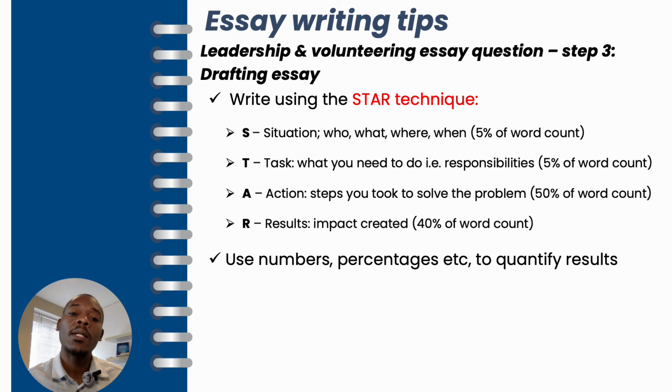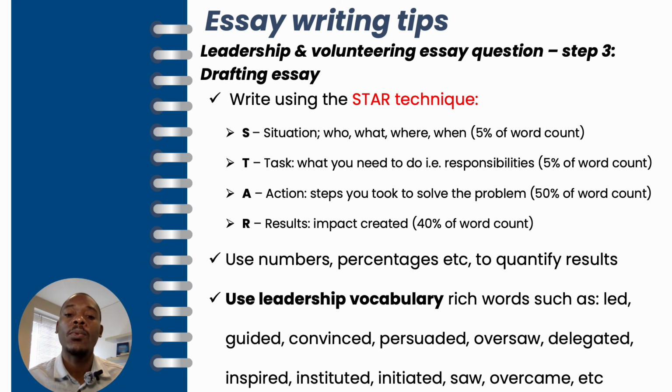And once you write that, you are going to demonstrate that you've written an essay that is worth gaining a scholarship. Of course, in your results, you need to ensure that you include numbers, you include percentages, and this helps to quantify the impact or the results that you are going to create.